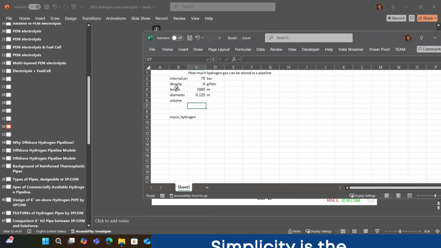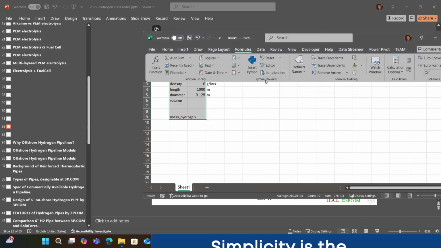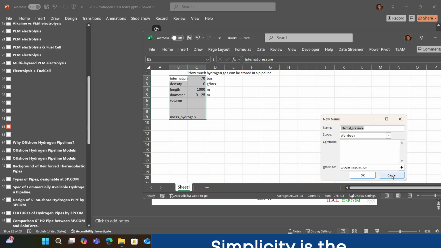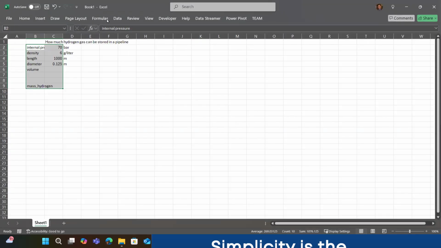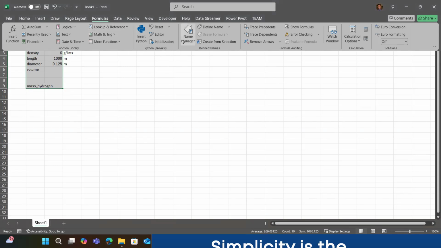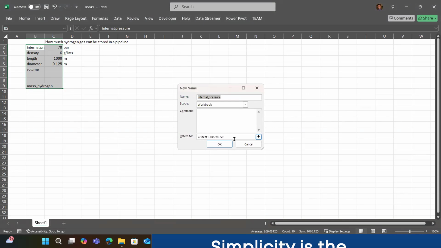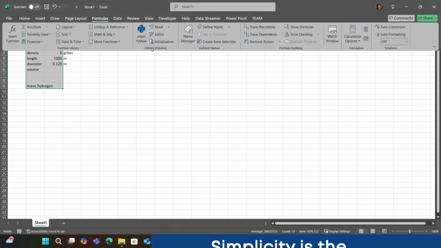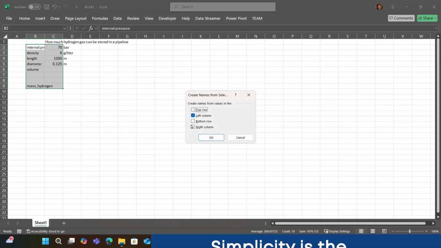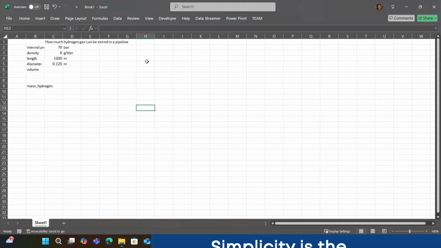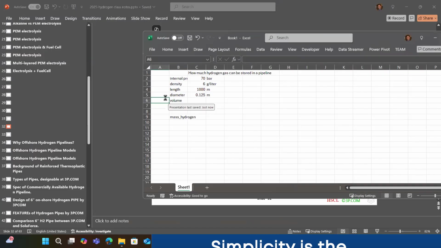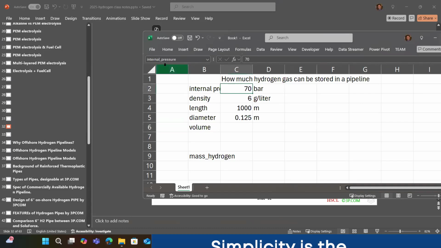Okay, first let's give a name. So this cell has a name internal pressure, and this cell has the name of density, length, and diameter, and volume.